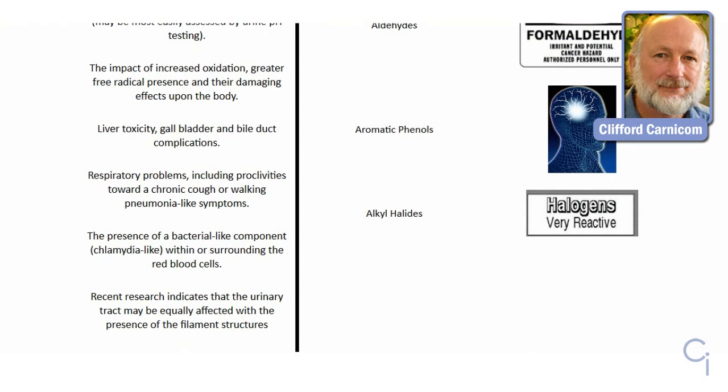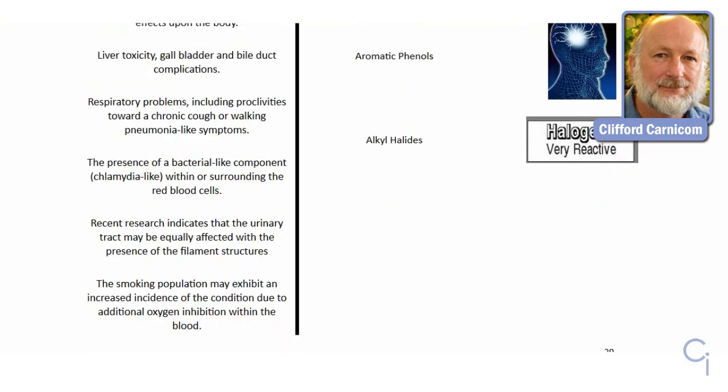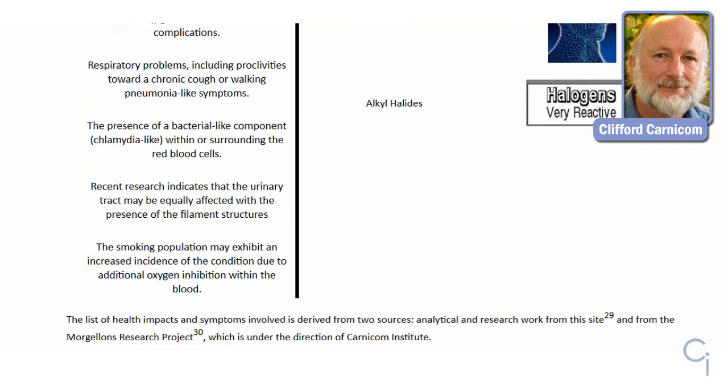Recent research indicates that the urinary tract may be equally affected with the presence of filament structures. And this last comment there, the smoking population may exhibit an increased incidence of the condition due to additional oxygen inhibition within the blood. And then it says this list derives from two sources, analytical and research work from this site and from the Morgellons research project.